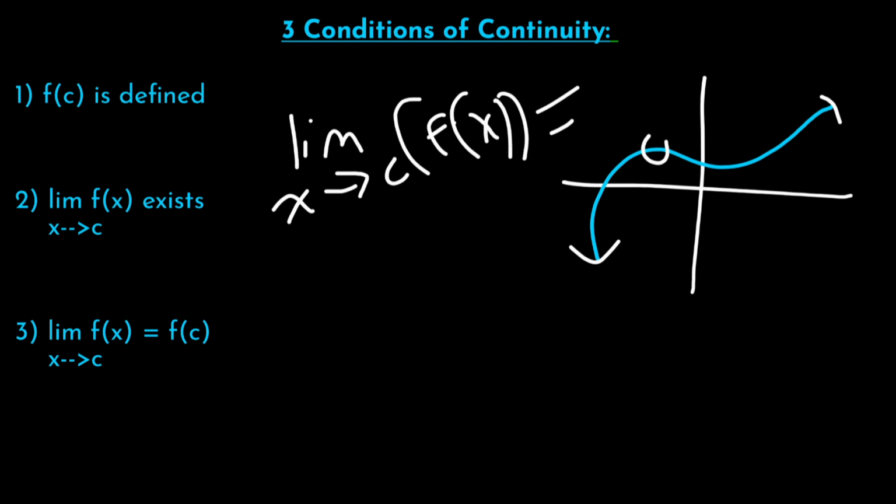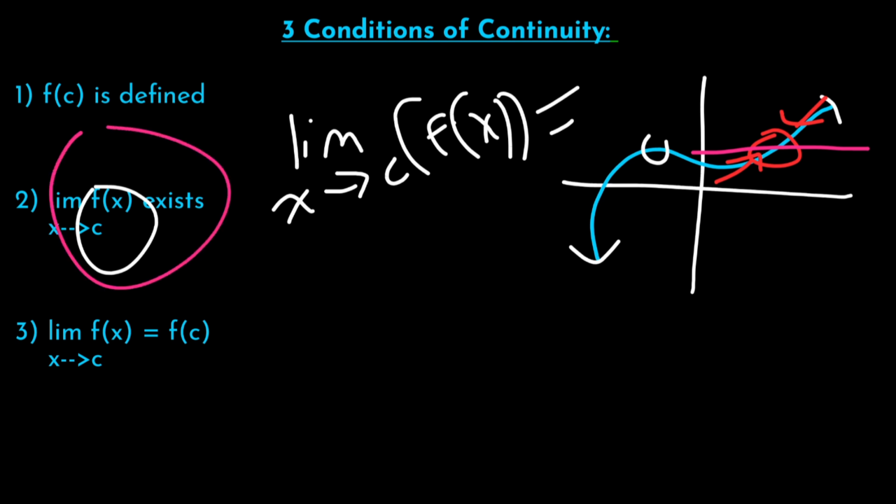Notice it doesn't say from the left or from the right. It approaches the constant from both sides. So if I circle here, we have something approaching on that side, approaching equally on that side at the same y value, which means the double-sided limit exists. That's what it's saying at any constant c.